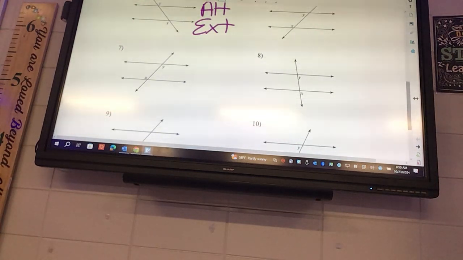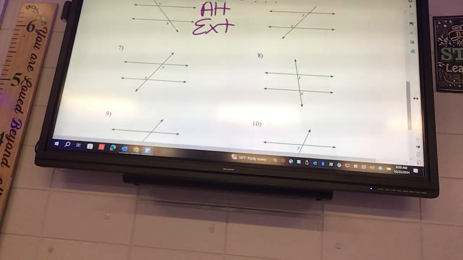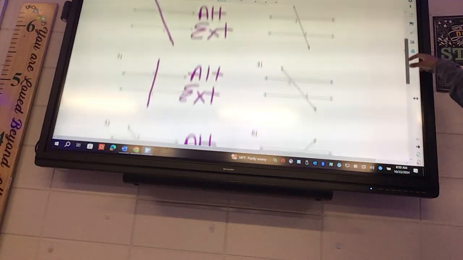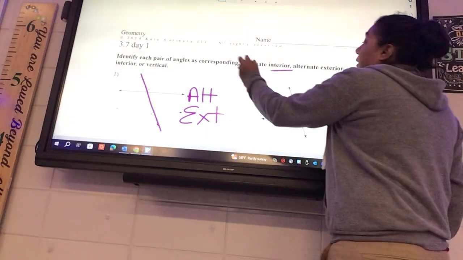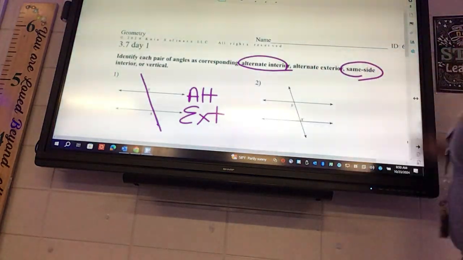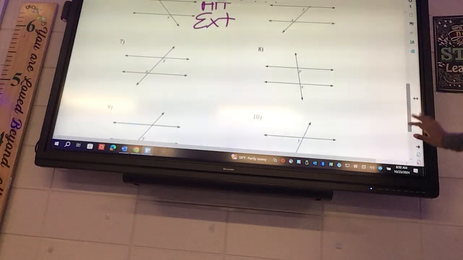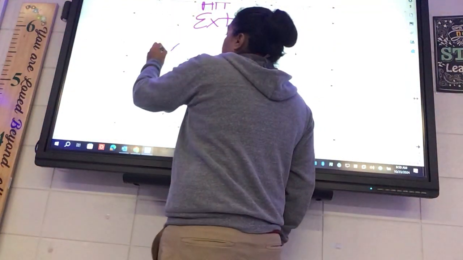Okay, 7. Is X on the inside or outside? Inside. What about the Y? It's also inside. So we're looking for something interior. What are our answer options? Alternate or same side interior. Look at the transversal, which is the one that's cut down.